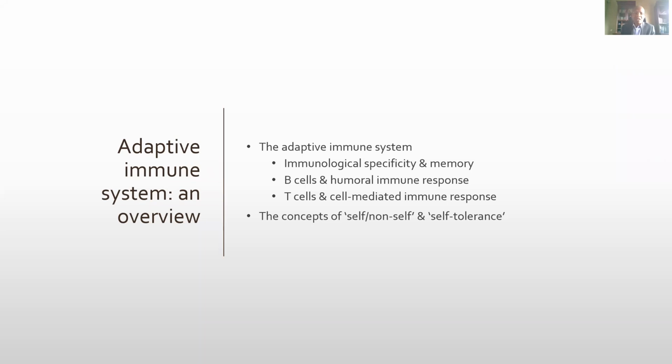Now, the final thing you need to know is that the adaptive immune system is able to recognize the product which comes from the host cell and differentiate that from the one which comes from outside. That mechanism of differentiating self from non-self, we call self-tolerance.